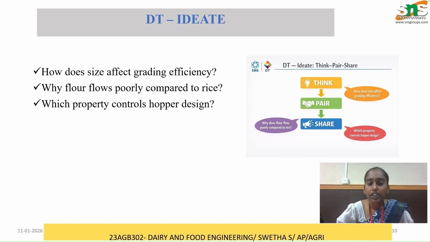And which property controls hopper design? As we know, the hopper is very important in all equipment. In the hopper, our inlet is given, for example grain, fruits, vegetables, anything. So in order to design a hopper, the physical properties play a very vital role.